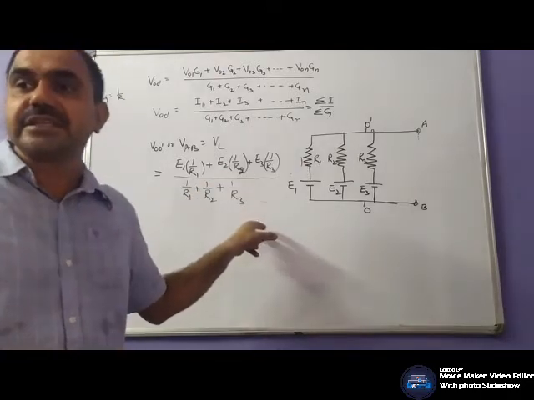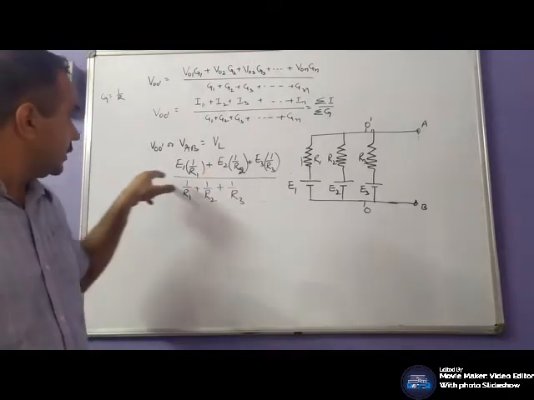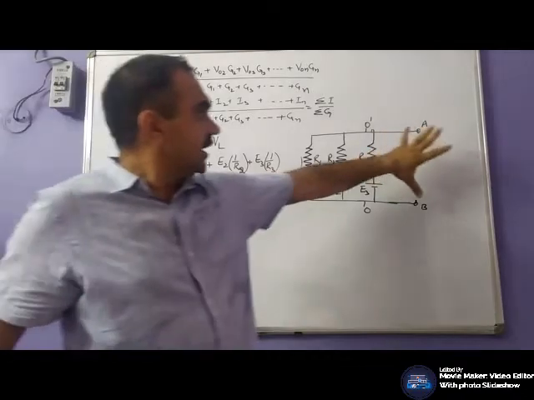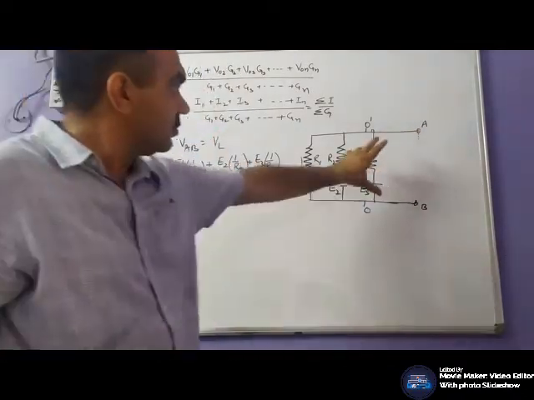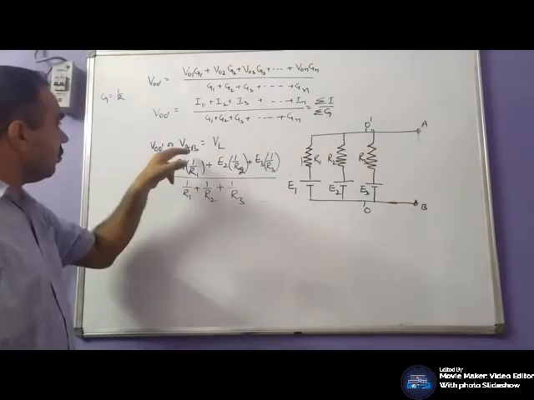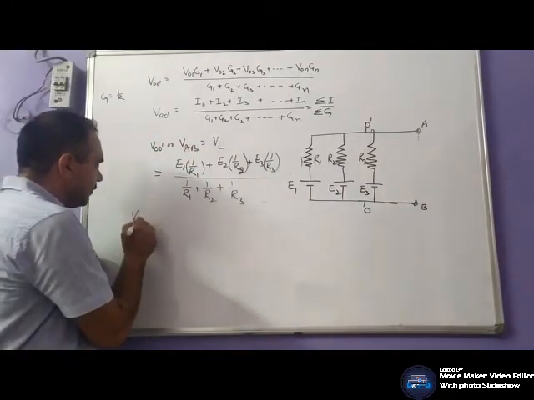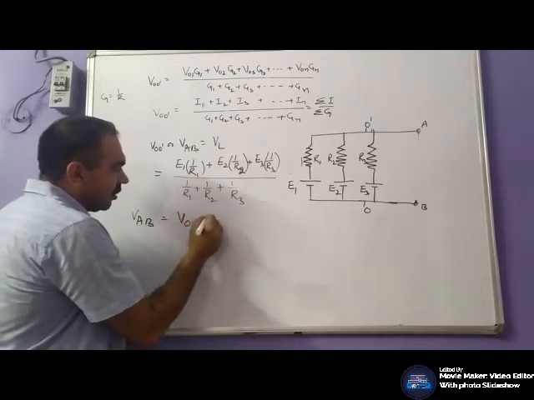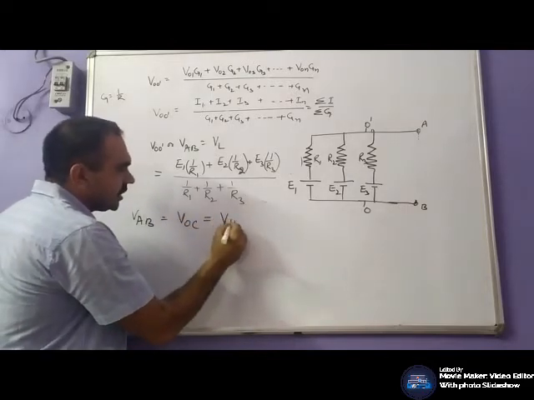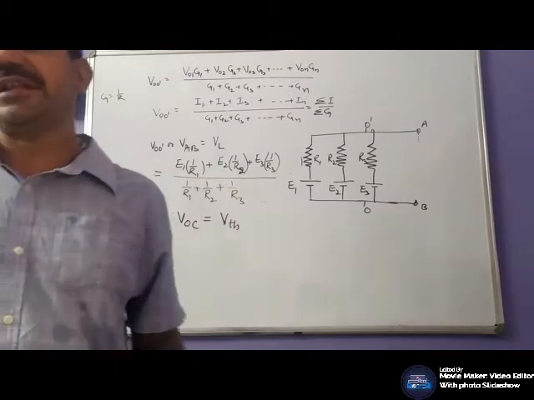In the earlier case, it was the voltage drop across the load branch. Now this VOO dash or this VAB becomes the open circuit voltage, equivalent to Thevenin's voltage.